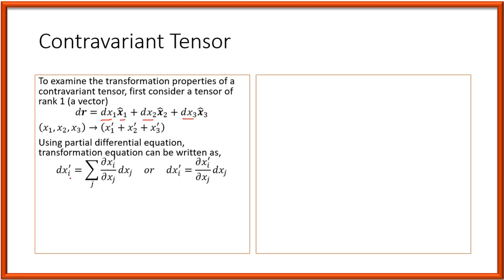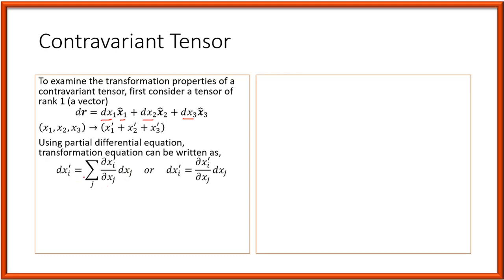Then dx1 dash can be written as the summation over j of dou x1 dash divided by dou xj into dxj. This quantity just says how much of x1 dash is there in the xj component, into the xj component. So this comes from the partial differential equation.